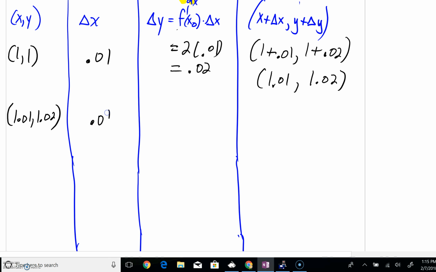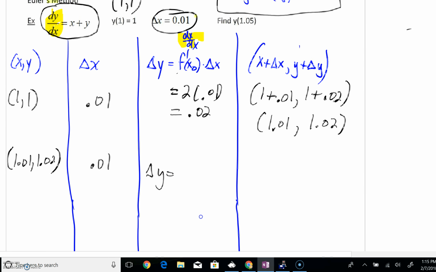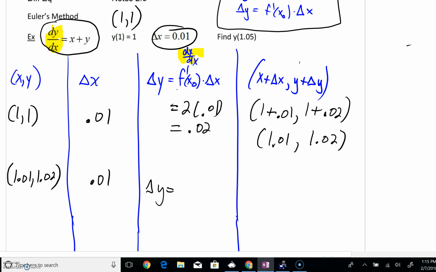We've got a 0.01 for delta x. It's just that this time when we're finding delta y, what's going to happen? Well, we're going to take our x plus y. Here's your x plus y. What do you get when you add 1.01 and 1.02? Well, a 2.03. And then we're going to multiply by 0.01.